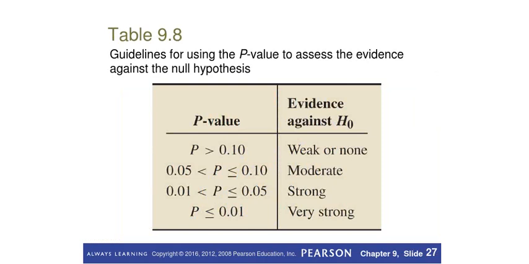On the other hand, if p is less than 0.1 but greater than 5%, we might have moderate evidence. It depends on how we set our test, right? If we have a 95% confidence interval, we still don't quite have enough evidence, although we might have some moderate evidence. But if that probability value is less than 0.05, typically we say that's strong evidence. And if it's less than 0.01, that's very strong evidence.